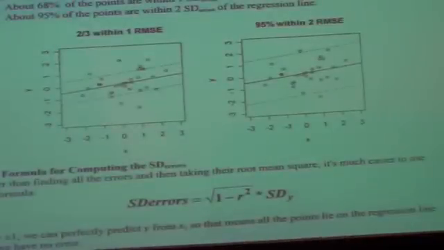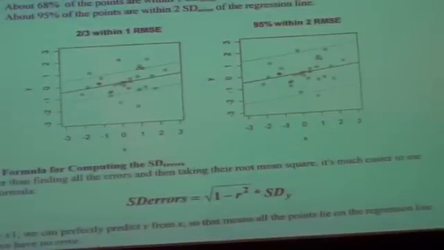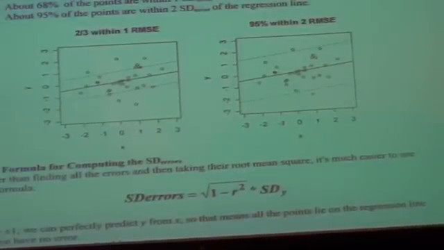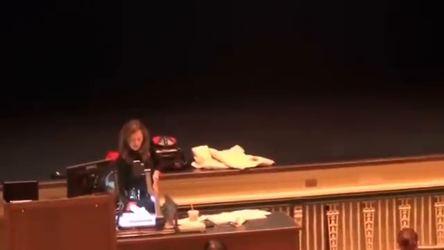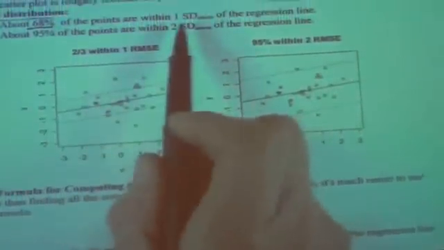Now, does this look familiar to you? The standard deviation rule of thumb from the normal distribution. About 68% of the points lie within one standard deviation.